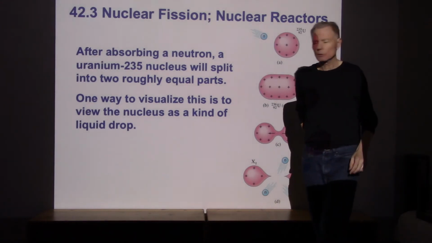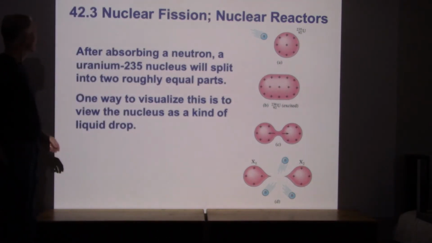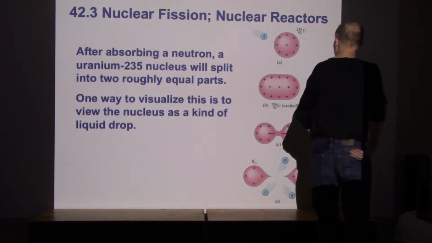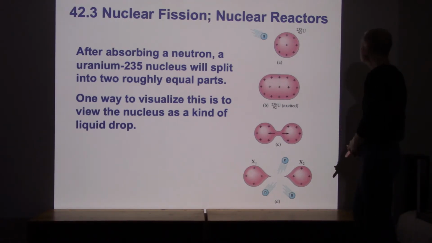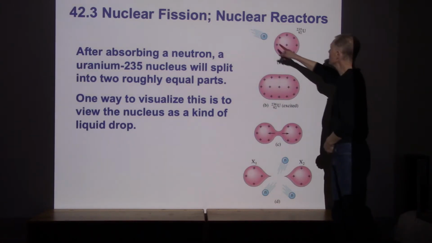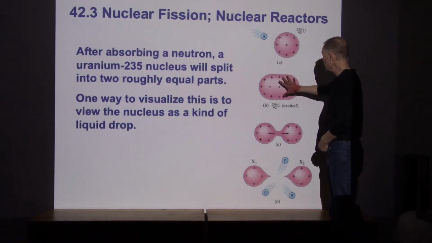And let's take a look at nuclear fission. So now we're at the point where here is kind of a diagram of what happens in nuclear fission. Turns out that uranium-235, that particular isotope of uranium, when it absorbs a neutron, it ends up destabilizing the nucleus.